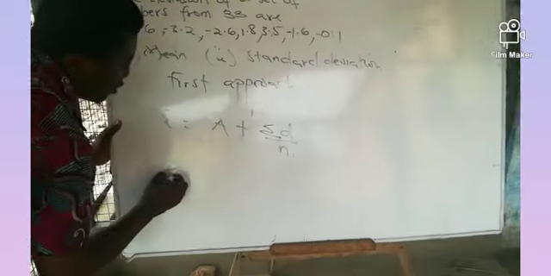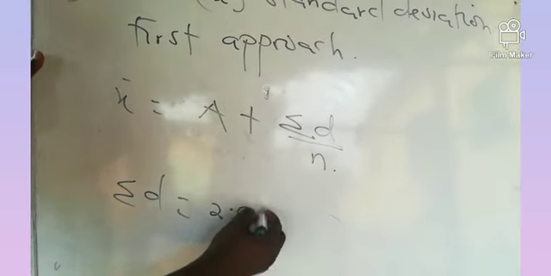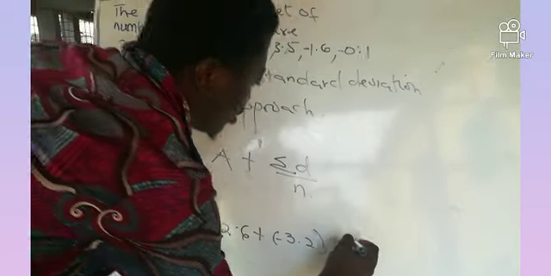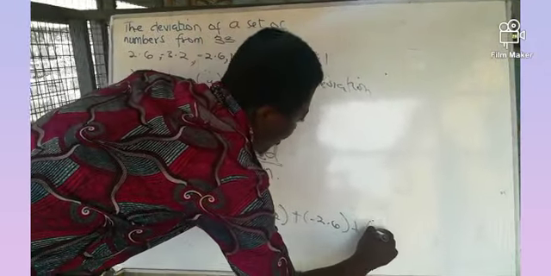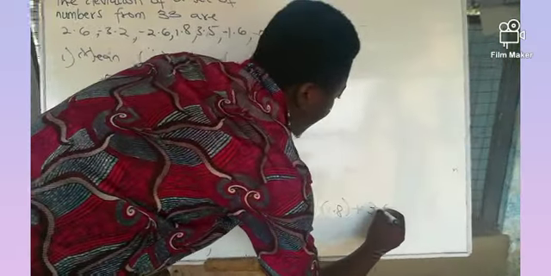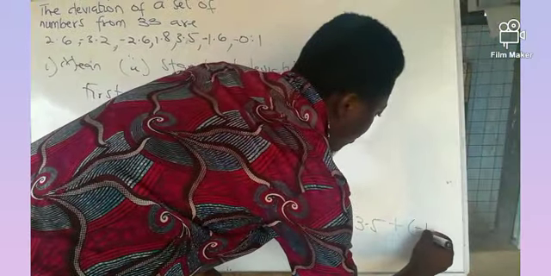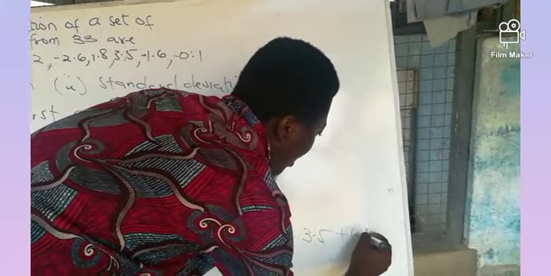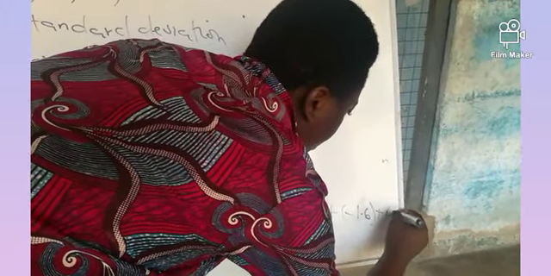So let's find the summation of the deviation. It is just the sum of the various numbers. We have 2.6 plus minus 3.2 plus minus 2.6 plus 1.8 plus 0.5 plus minus 1.6 plus minus 0.1.